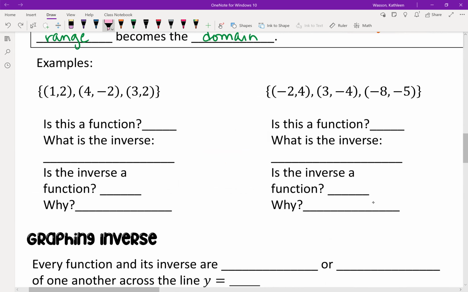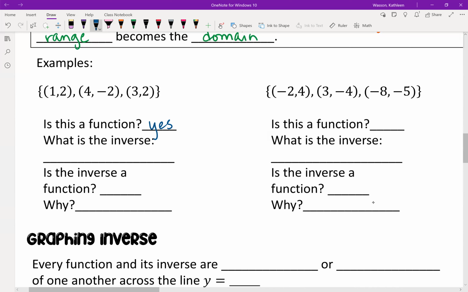I have these 3 points to the left, and since the x's are 1, 4, and 3, this is a function. The rule is that each x may only be used once.